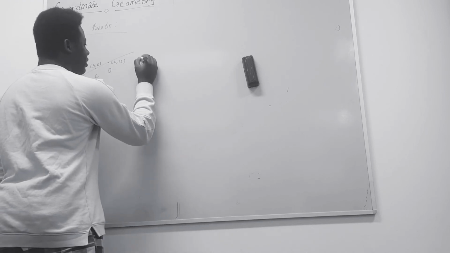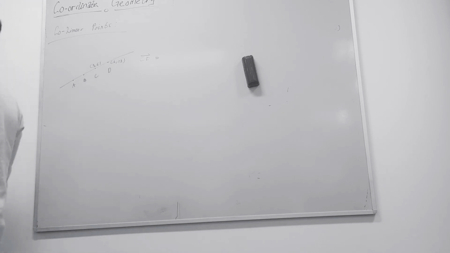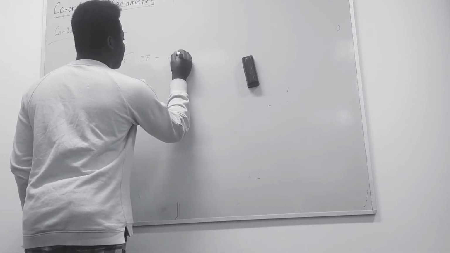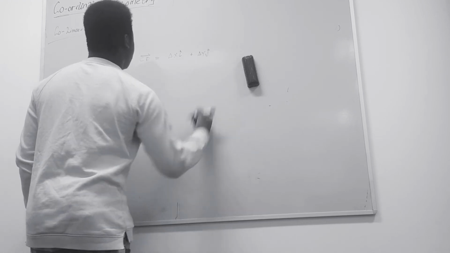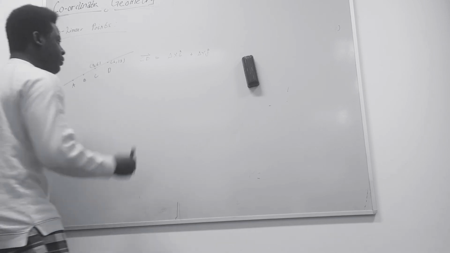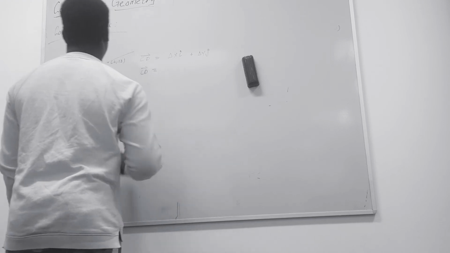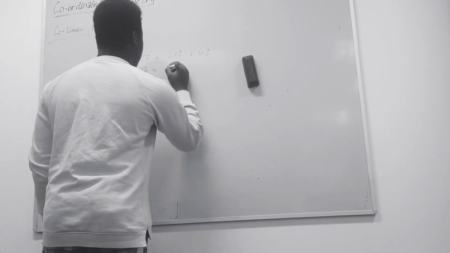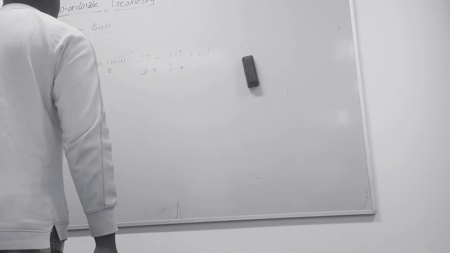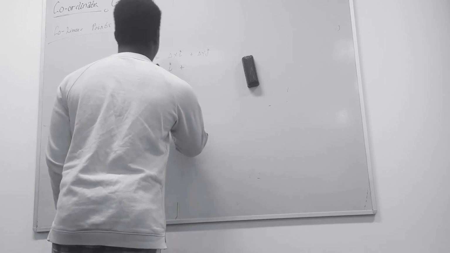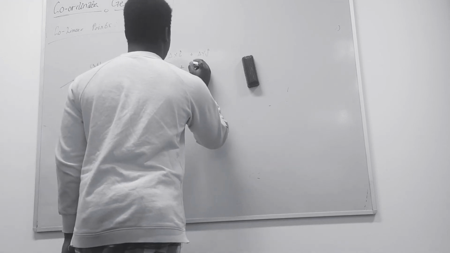The vector CD will be delta x i plus delta y j. So CD is equal to i plus 6j.